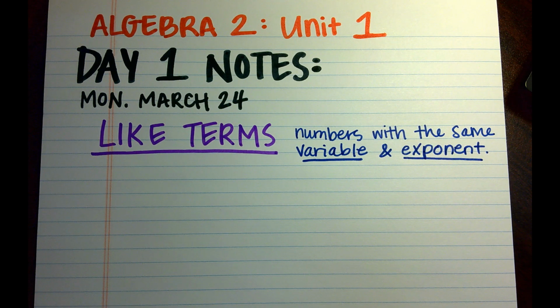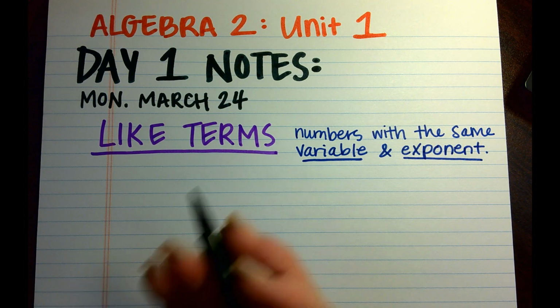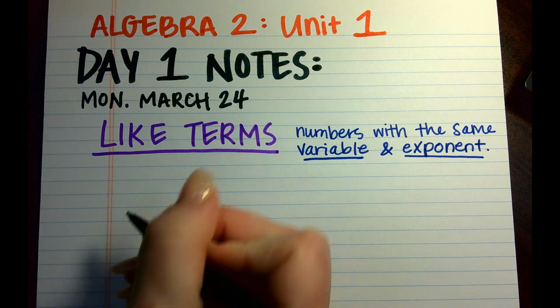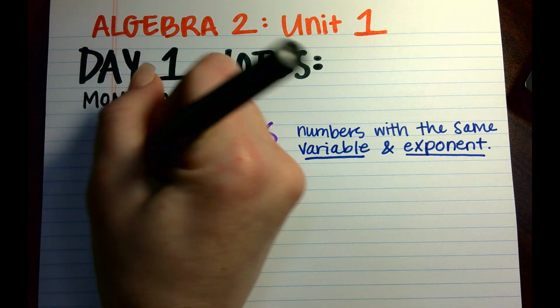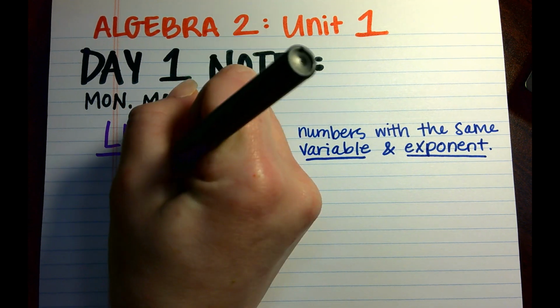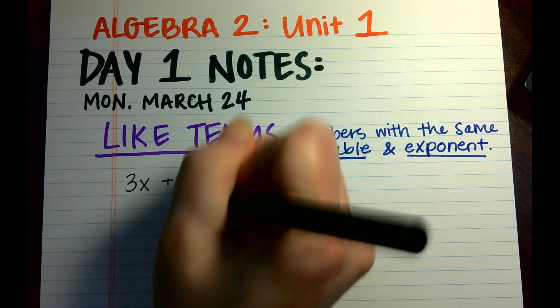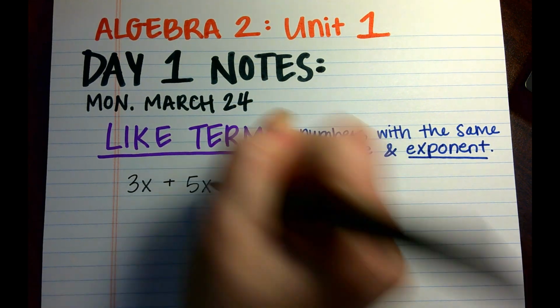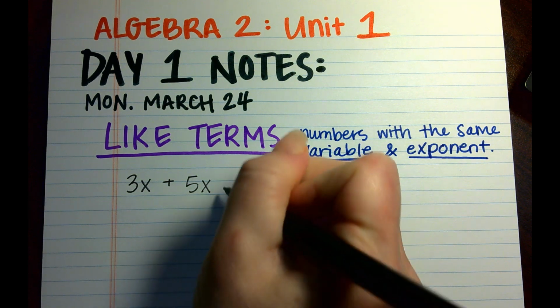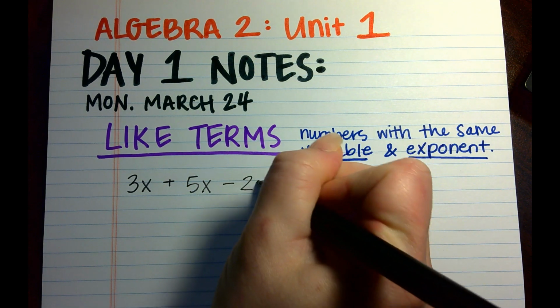So, for example, if I have 3 different terms, I have a term 3x, and I have the term 5x, and then I have minus 2x.